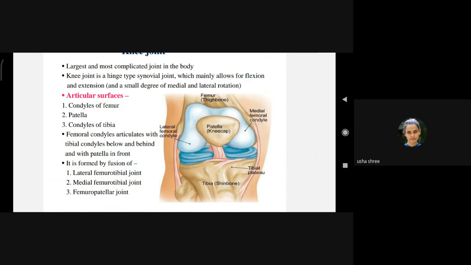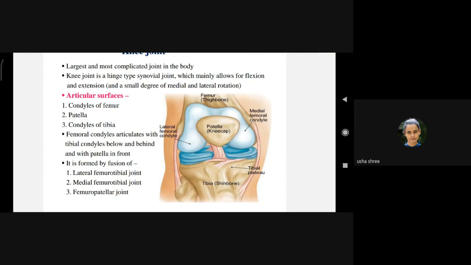Okay, so medial condyle is towards the midline and lateral condyle is away from the midline. Means if we see our right leg or right knee joint, we can also divide our right leg into left and right.